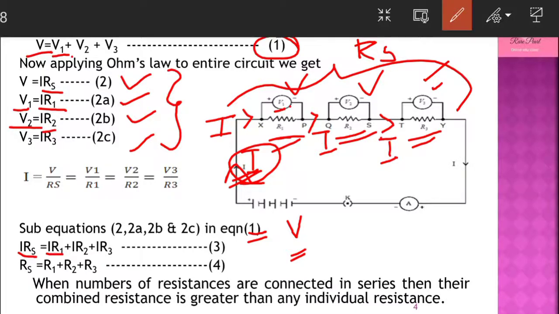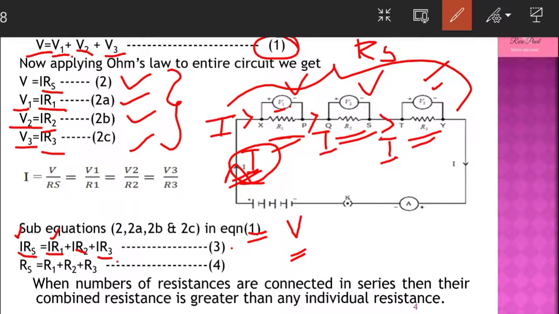V2 is equal to I into R2, that we write here, and V3 is equal to I into R3, so instead of V3 I substitute I into R3. On substituting all this we get an expression like this, which we take as equation number 3. Now what is common? Here current and here current.